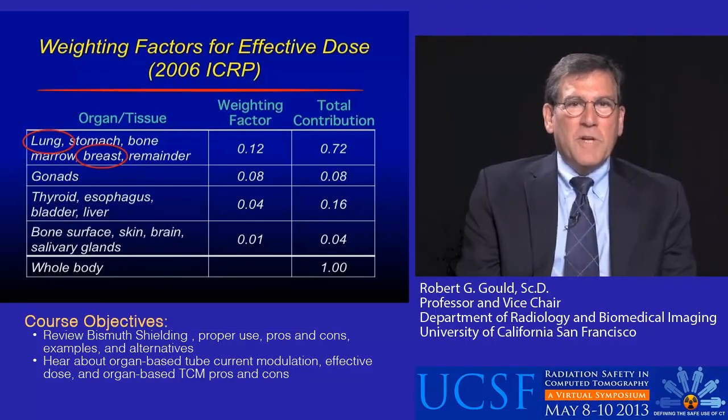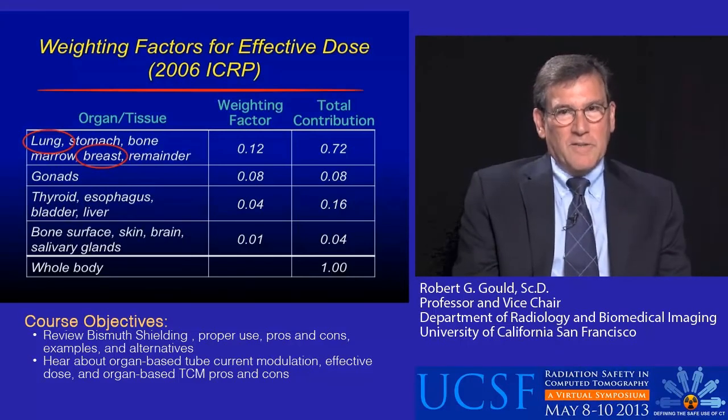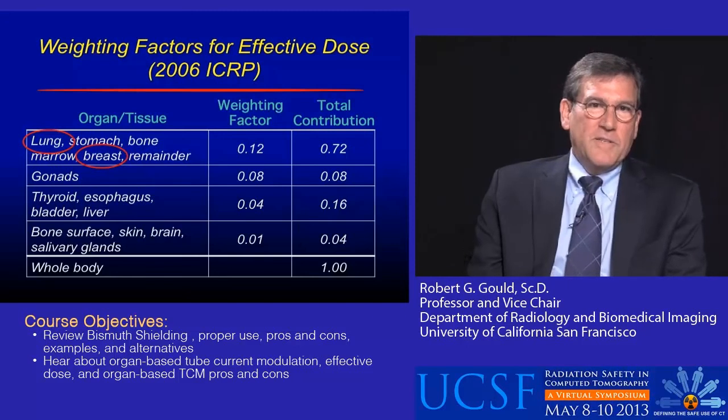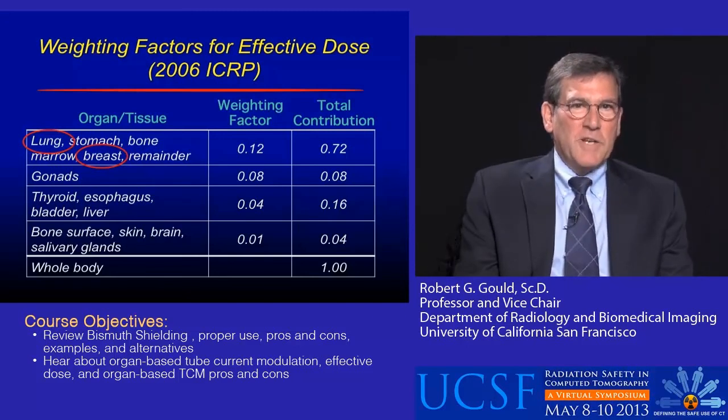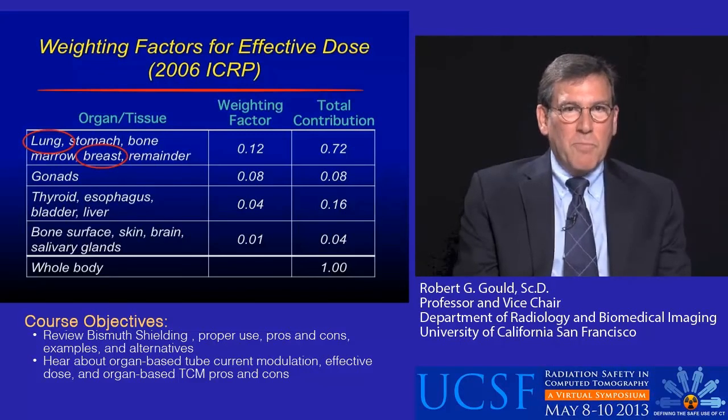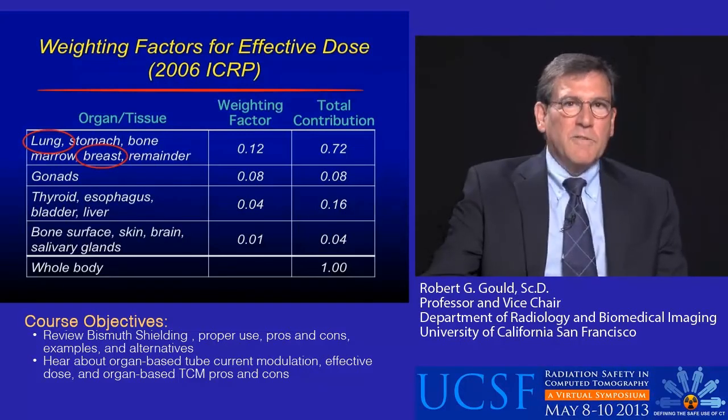So I'm not sure how much sense, at least in terms of breasts, this organ-based tube current modulation, how effective that would be. It doesn't make sense to me to give the lung greater dose to spare the breast if they both have the same weighting factor, which the current ICRP report says they do.